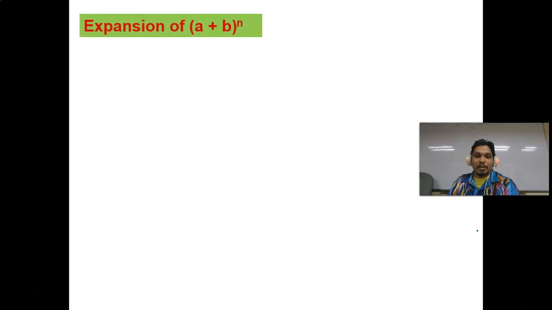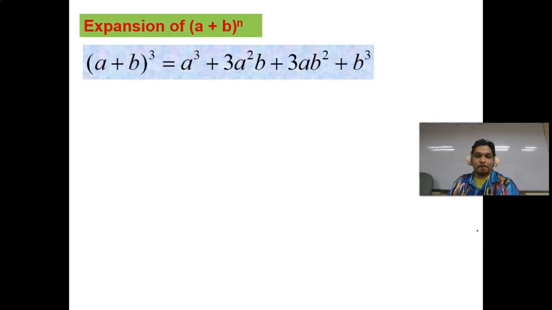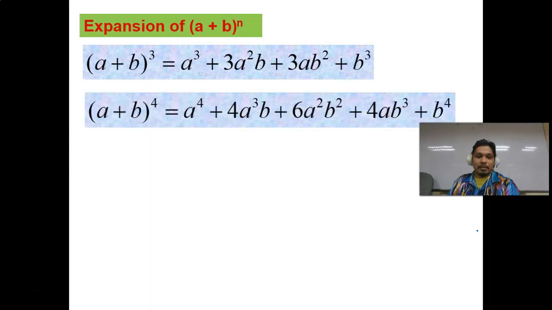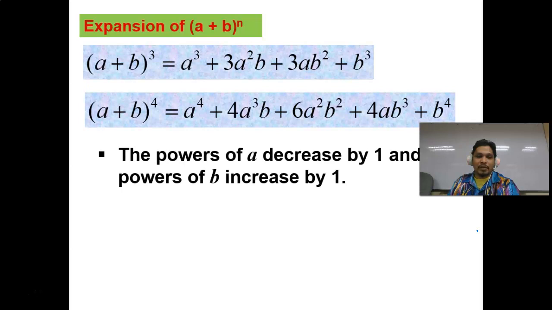So for the expansion of a plus b to the power of n, for example a plus b in bracket to the power of 4, the power of a decreases by 1 and the power of b increases by 1. Please refer to this one here. Imagine this is a to the power of 4, b to the power of 0, and this is a to the power of 0, b to the power of 4.